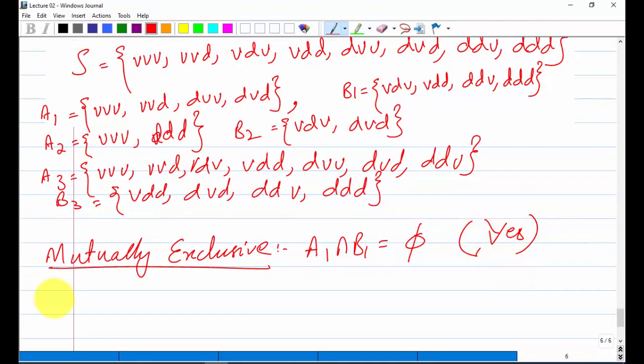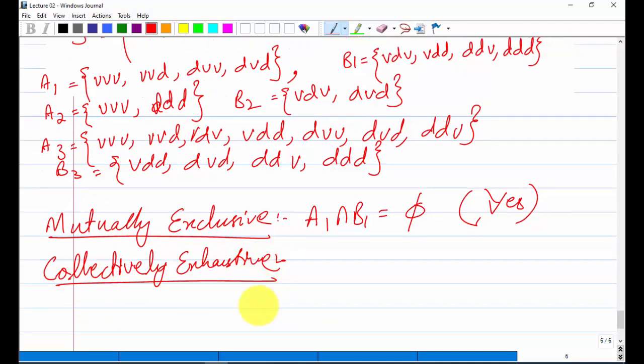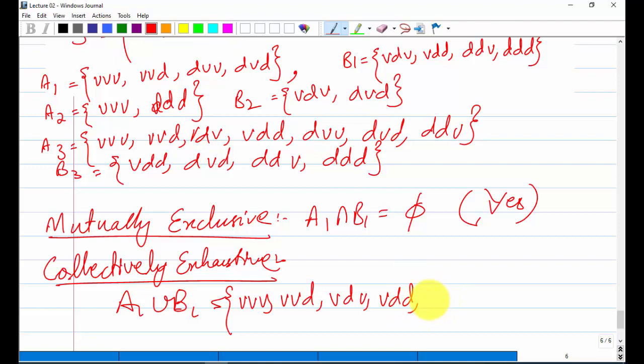Now collectively exhaustive. For collectively exhaustive, we have to take their union, A1 union B1, and we will see whether it will constitute our sample space. So I am writing DVV, DVD, DDV, DDD.